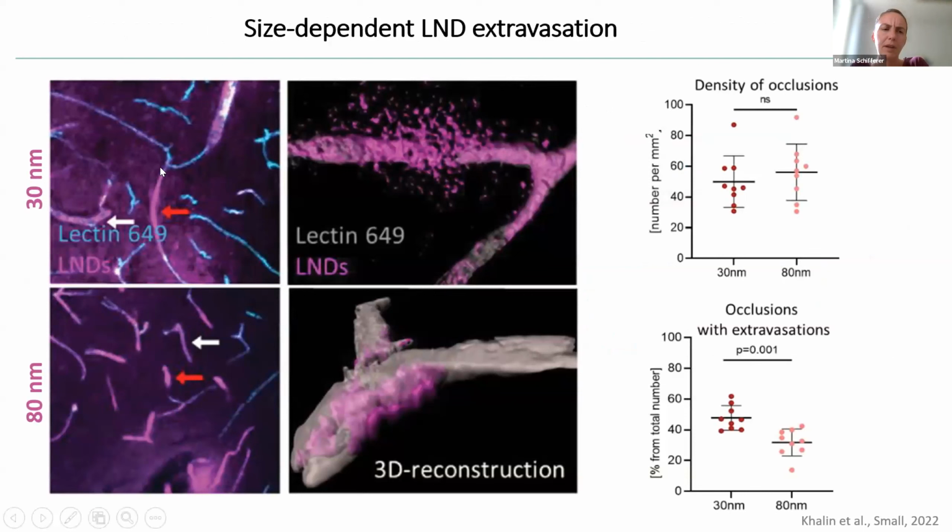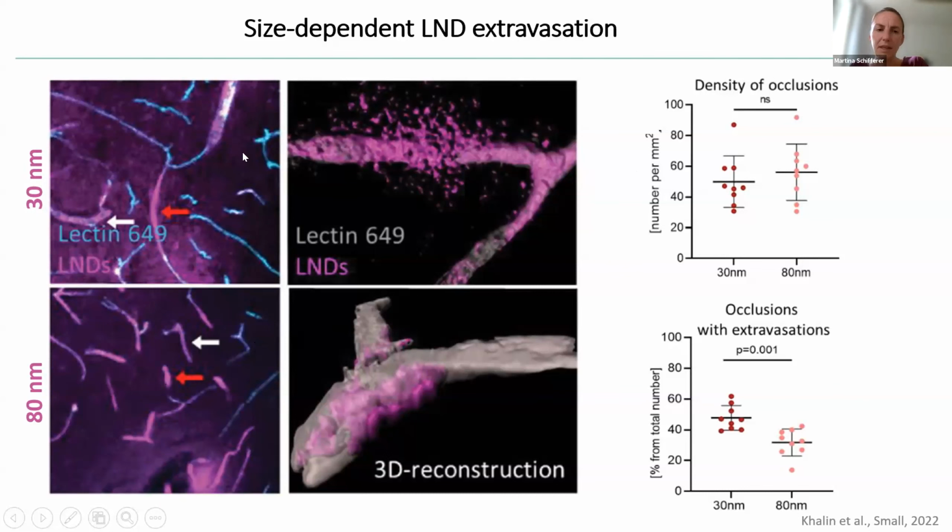And here we were comparing lipid nanodroplets of different sizes, so 30 and 80 nanometers. And we basically found that these droplets can indicate sites of vascular occlusion or of leakiness. But while the density was very similar, we saw fewer lipid nanodroplets extravasating these occlusions.